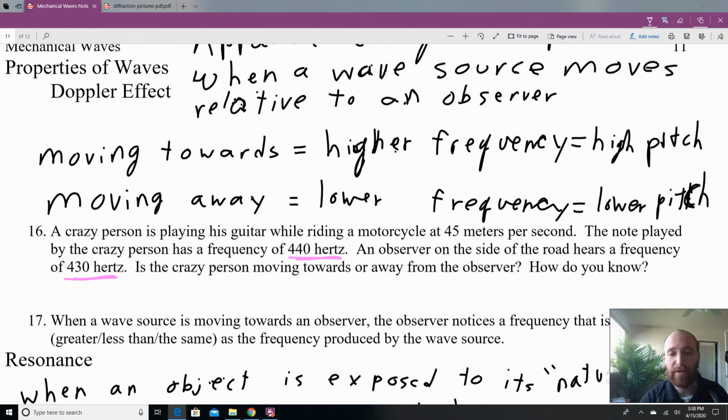So it must be moving away. And the reason we would know that is what we hear is a lower frequency. So, again, since we hear a lower frequency, we know that the object is moving away from us.